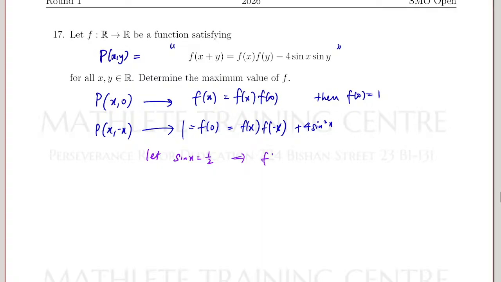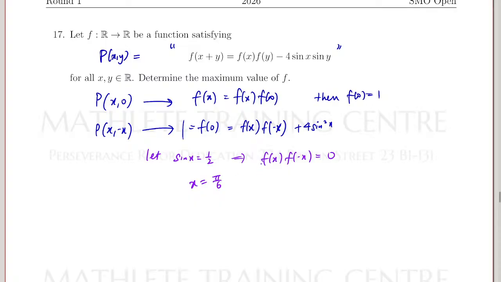So the result is that f(x) times f(minus x) equals 0. Then we figure out that there's a value of f which will give you 0. Now what's the value of x though? It's the value of sine that will give you half, right? So the value of x is basically going to be exactly, what's this? 30 degrees, which will be pi over 6.